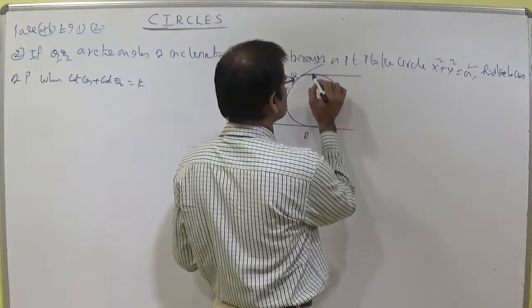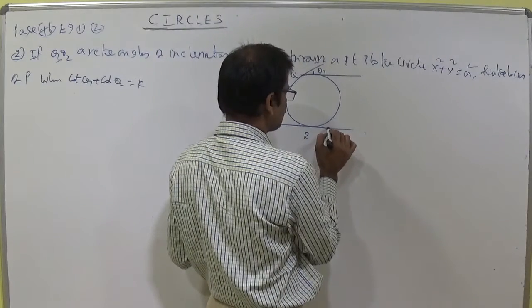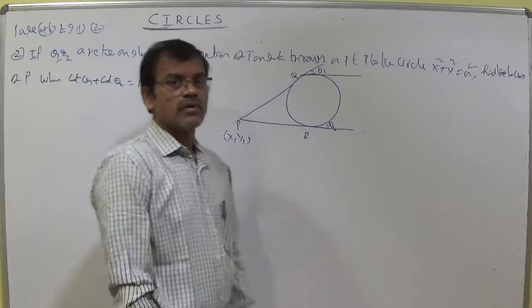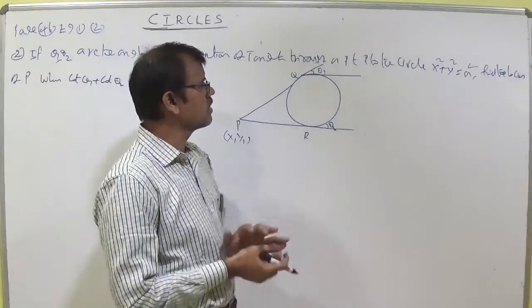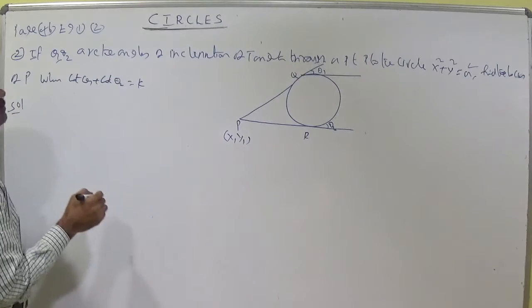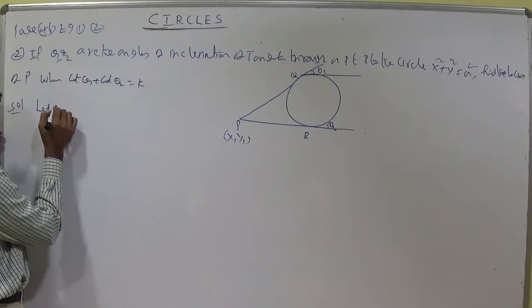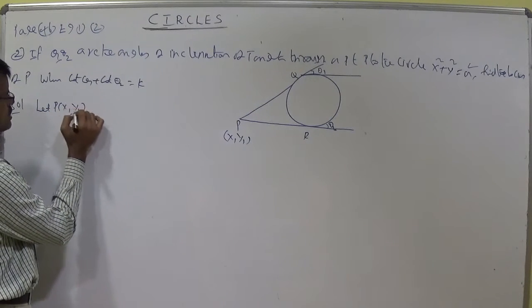Inclination means it is the angle with the positive direction of the x-axis, theta 1 and theta 2. So let P(x1, y1) be an external point.